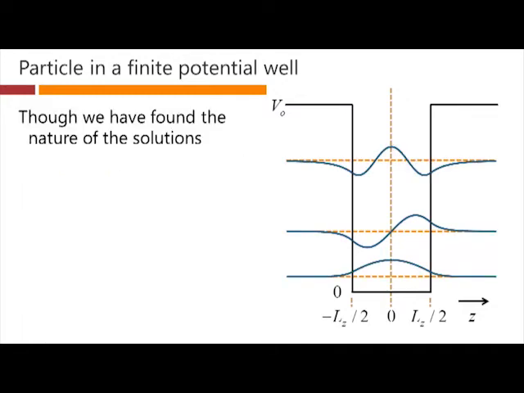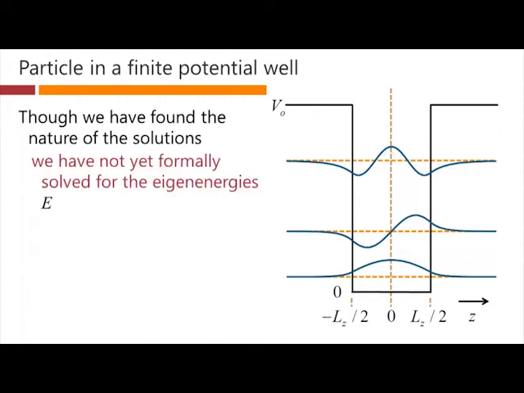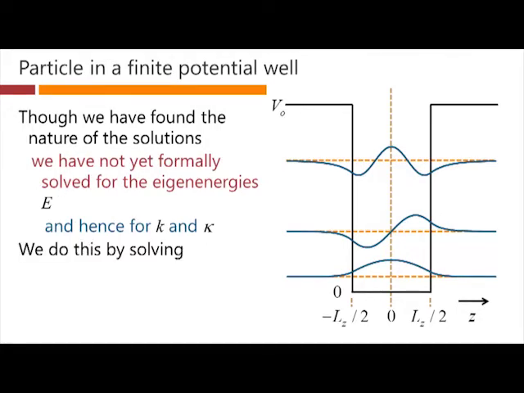Now, though we found the nature of these possible solutions, we've not yet proved that these are actual solutions. We still have to figure out what the eigenenergies would be. So we've not yet formally solved for the eigenenergies E. And hence we've not yet formally deduced what k and kappa actually are, because we need to know E in order to figure those out.